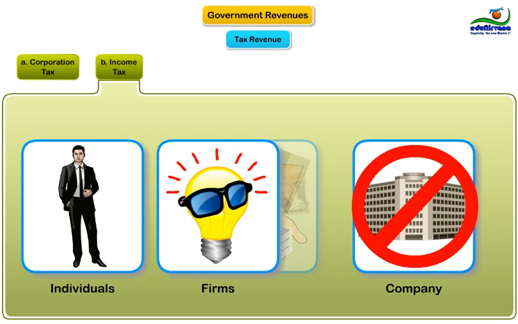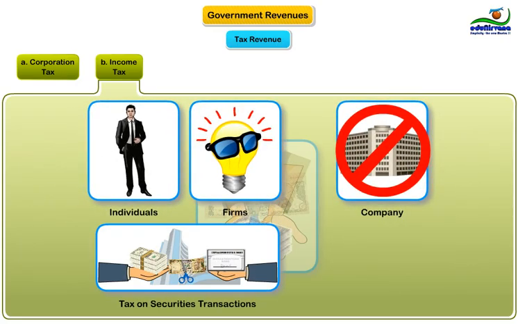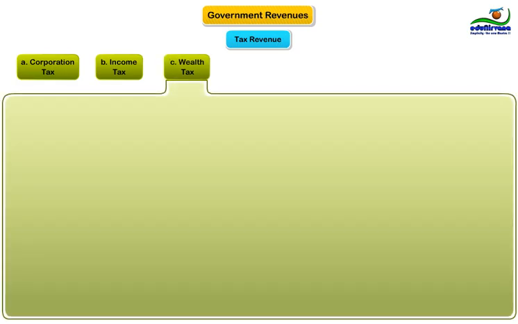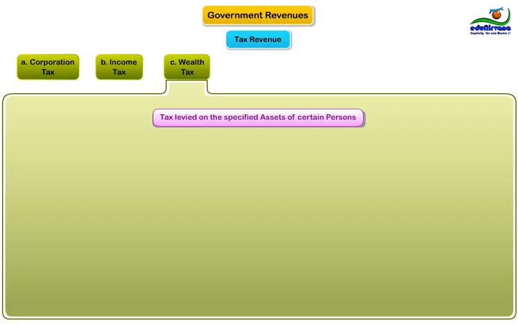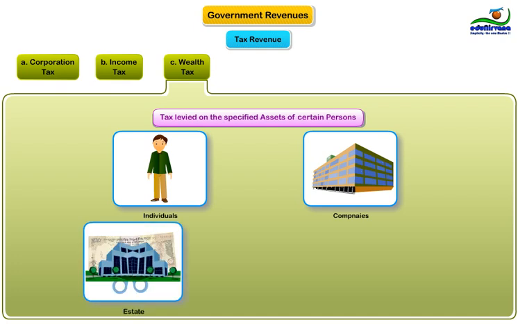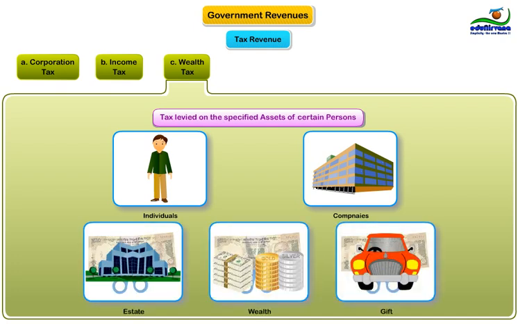This head also includes other taxes, mainly the securities transaction tax, which is levied on transactions in listed securities undertaken on stock exchanges and in units of mutual funds. C. Wealth tax. This is a tax levied on the specified assets of certain persons, including individuals and companies. For example, estate, wealth, gift.